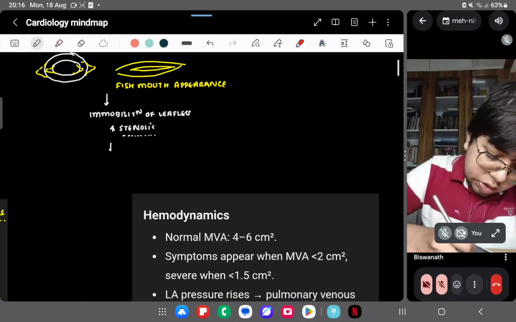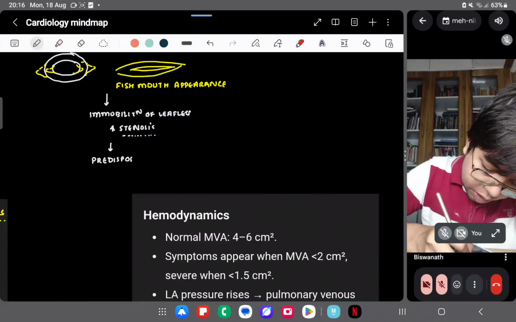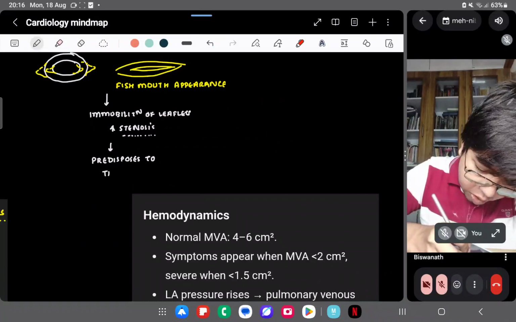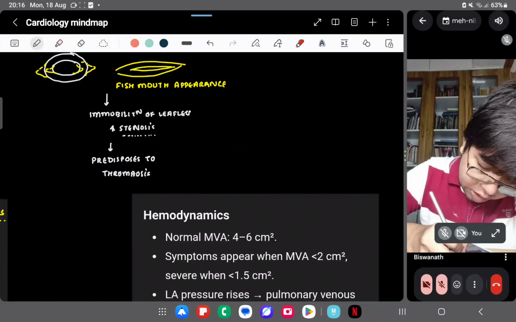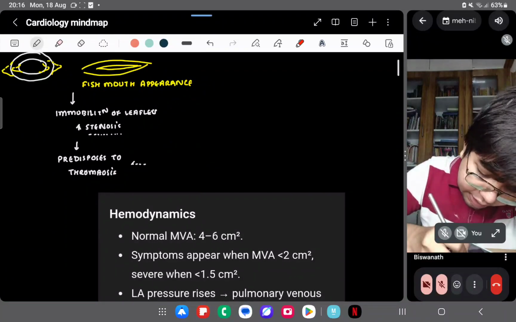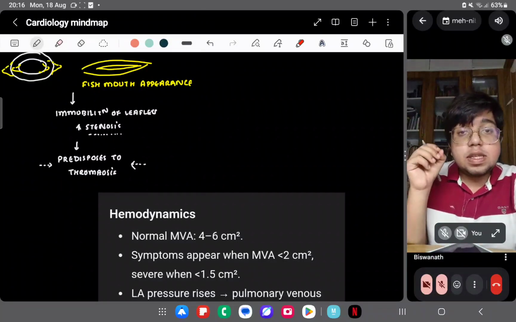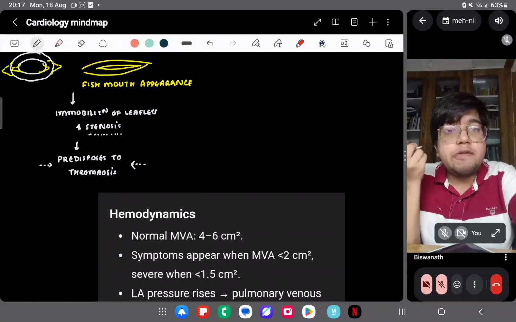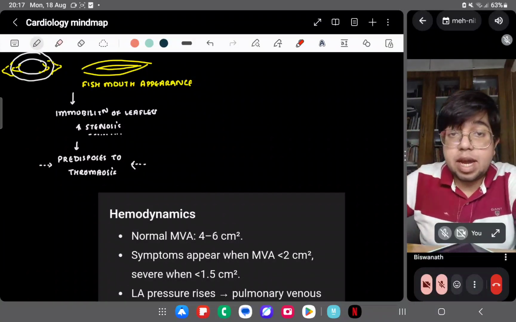And this is our main concern in this condition. In mitral stenosis, the thromboembolic phenomena, that is the thrombosis, can break off and become an embolism.